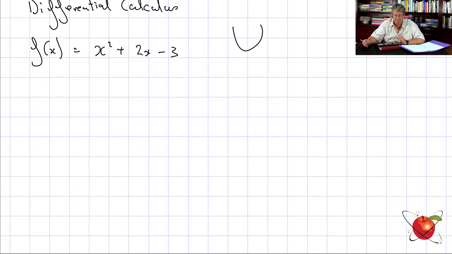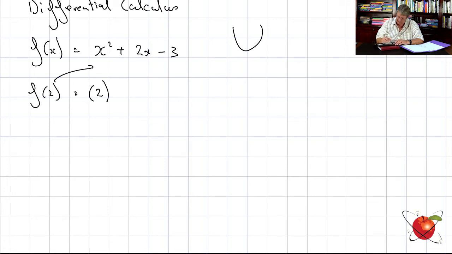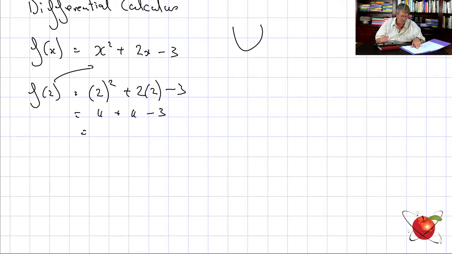Now, please tell me what is f of 2? F of 2 is wherever we see an x, we replace it with a 2, and you use brackets. So f of 2 turns out to be 4 plus 4 minus 3, which is equal to 5.